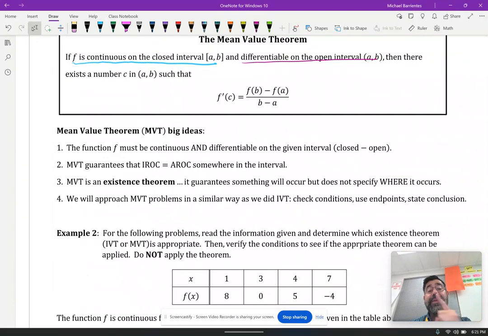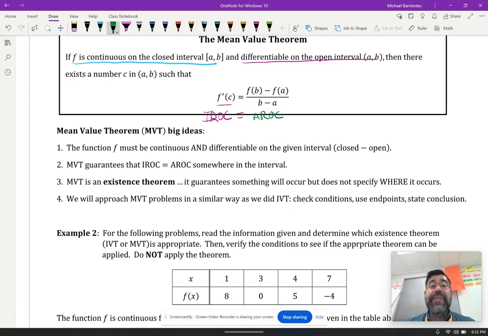So the mean value theorem is saying, if two things happen, if my function is continuous and if my function is differentiable, then there must exist an x value, which they're calling c, in the interval strictly between a and b, such that the IROC, the derivative, is equal to the AROC, the slope of the tangent line.